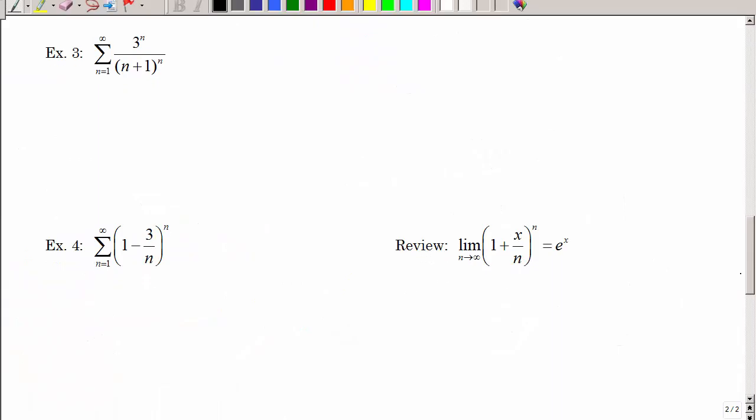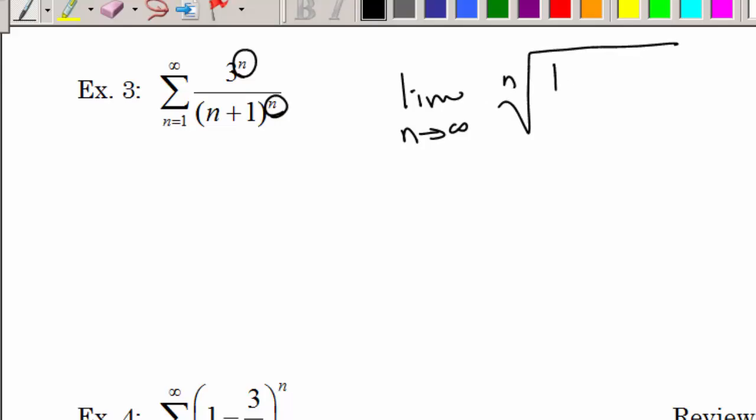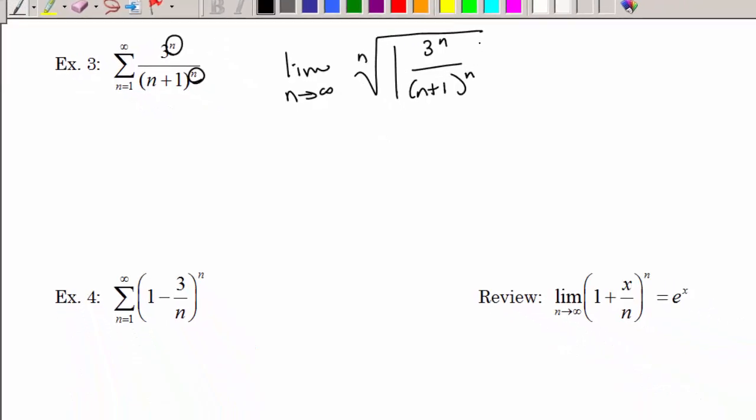Let's look at these examples. Well, number 3 just screams root test because everything is to the nth power. So I'm going to take the limit as n approaches infinity of the nth root of the absolute value of my series.